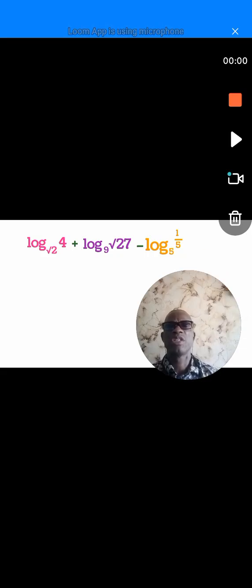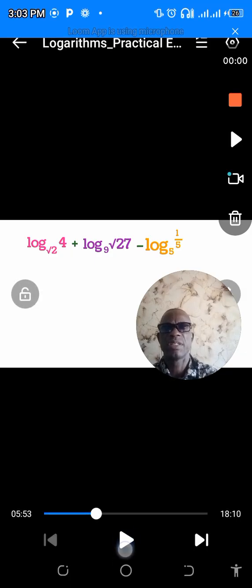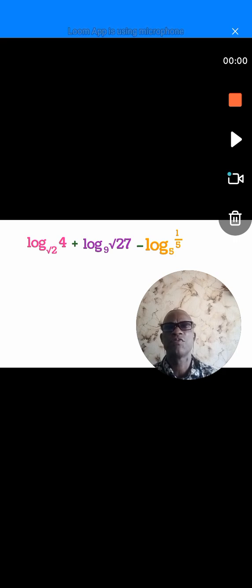Now we are going to start this question part by part. We first of all do the first part, which is log 4 base root 2.